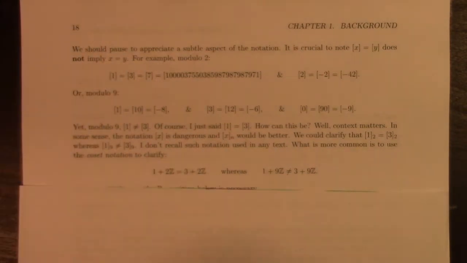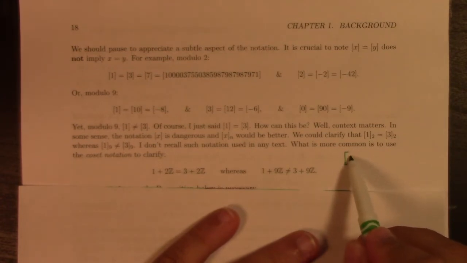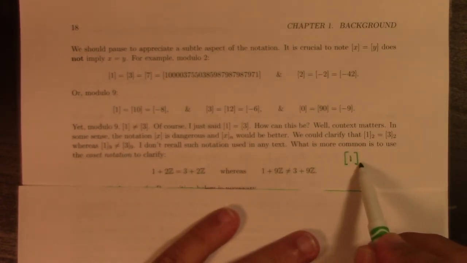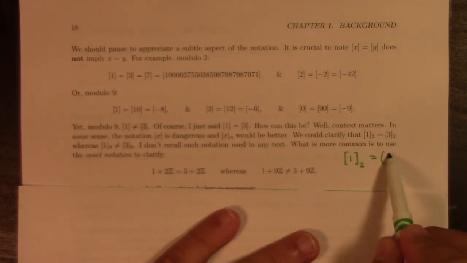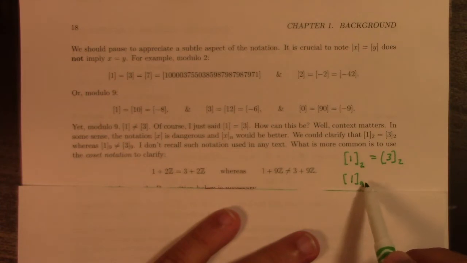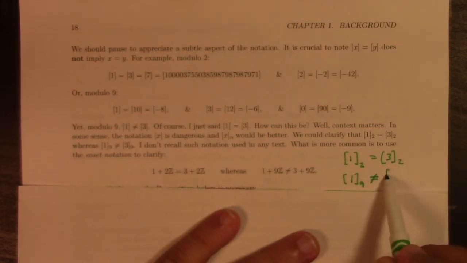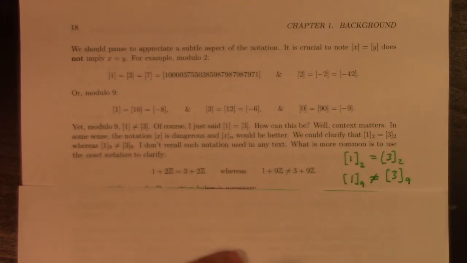There shouldn't be any danger of confusion, because 1 with respect to mod 2 is equal to 3 with respect to mod 2, but of course 1 with respect to mod 9 is not equal to 3 with respect to mod 9, because 1 and 3 are different equivalence classes with respect to mod 9.